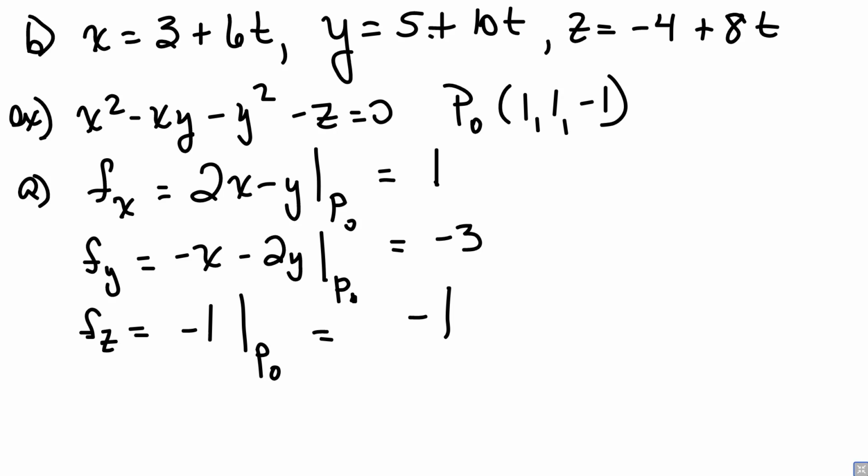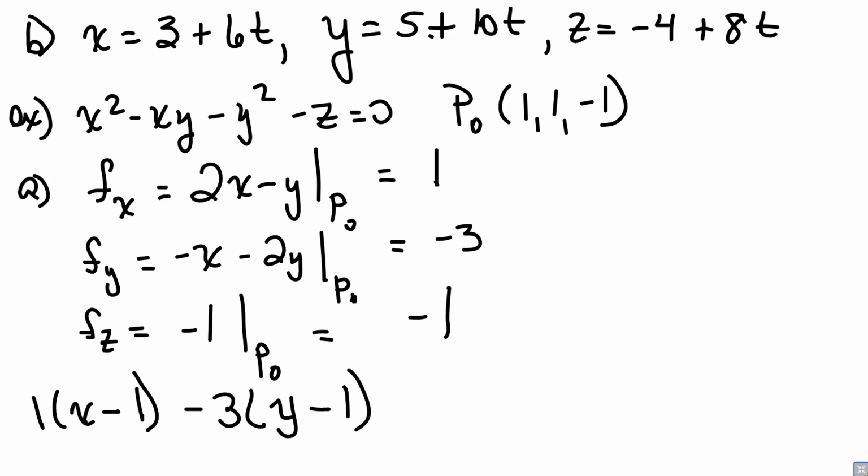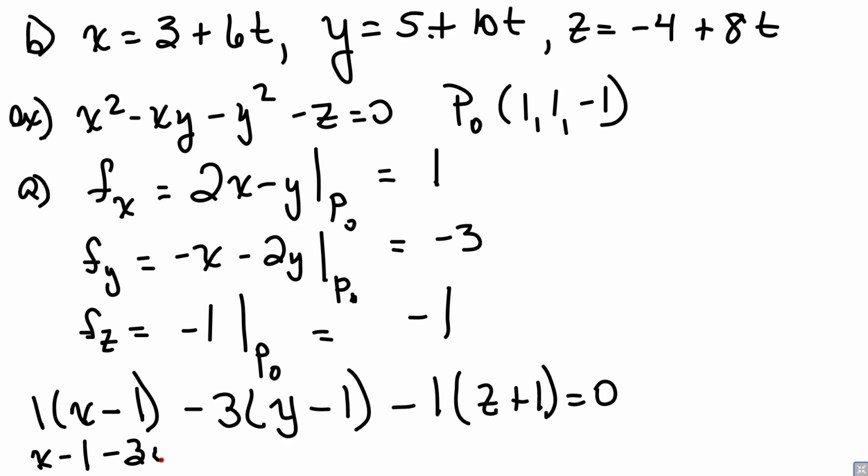Okay. All right, so if I write my equation for the plane, I'm going to have 1 times x minus 1, minus 3 times y minus 1, minus 1 times z plus 1, and this is equal to 0. So if I clean this up, I'm going to have x minus 1 minus 3y plus 3 minus z minus 1 is equal to 0.